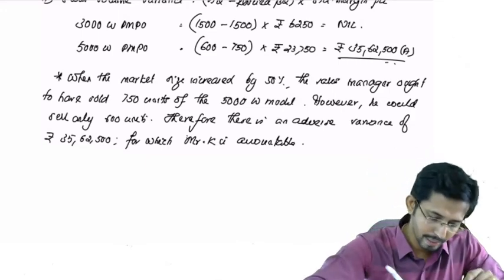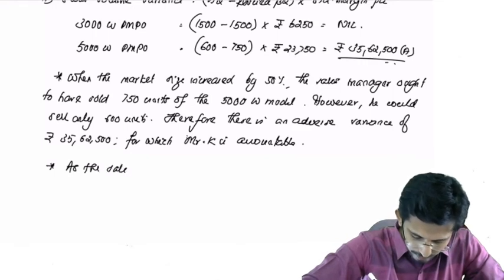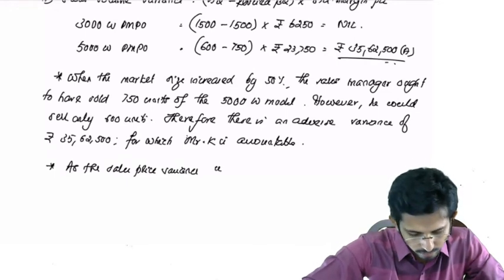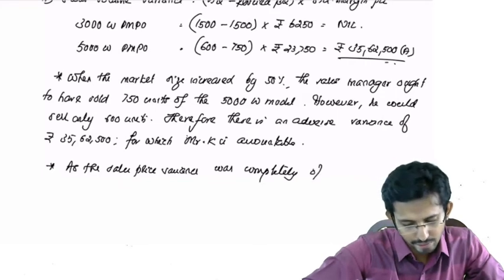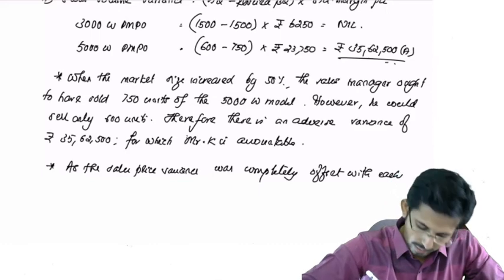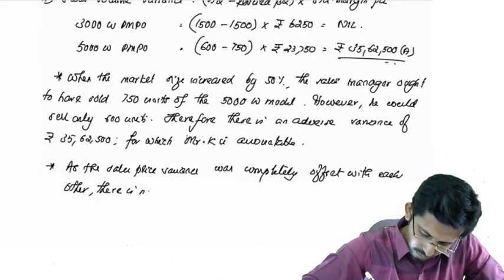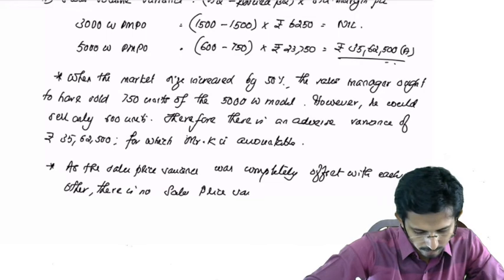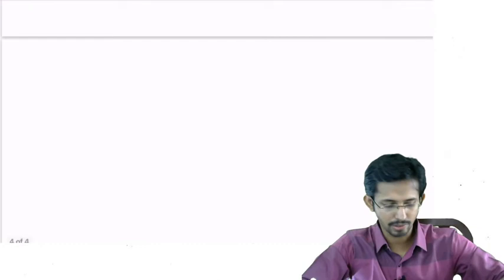Okay, so you can write another note on this: as the sales price variance was completely offset with each other, there is no sales price variance on a net basis, right?